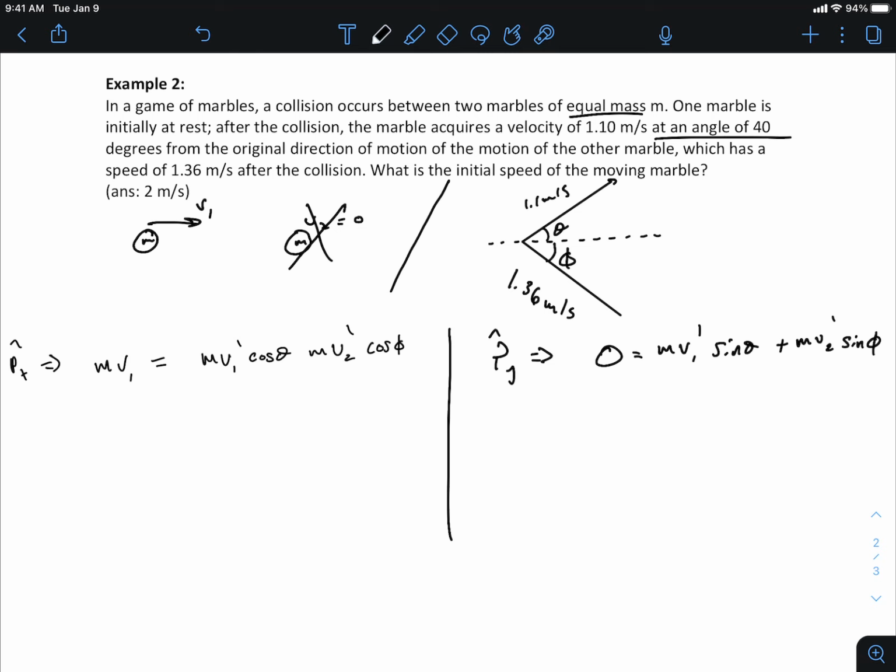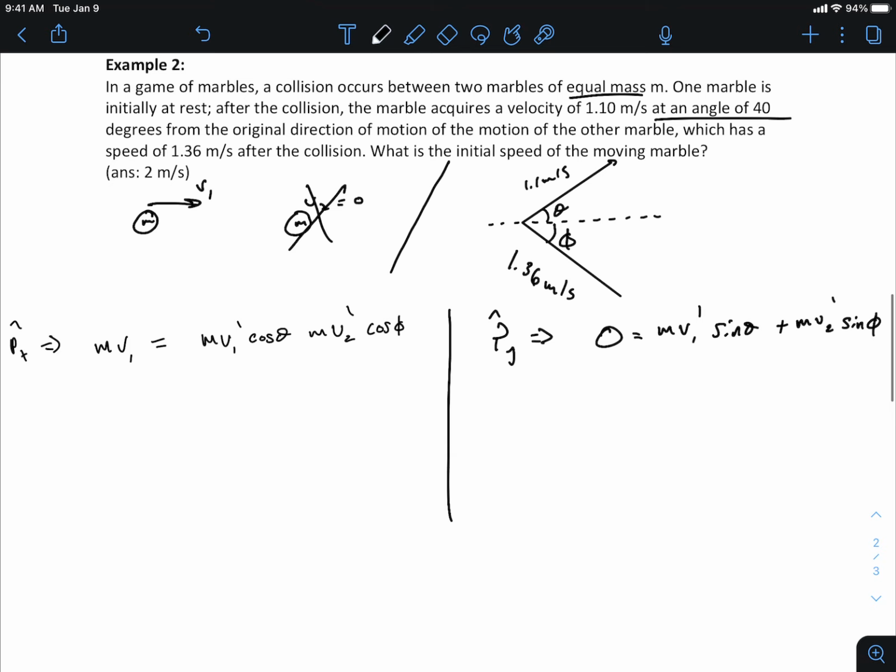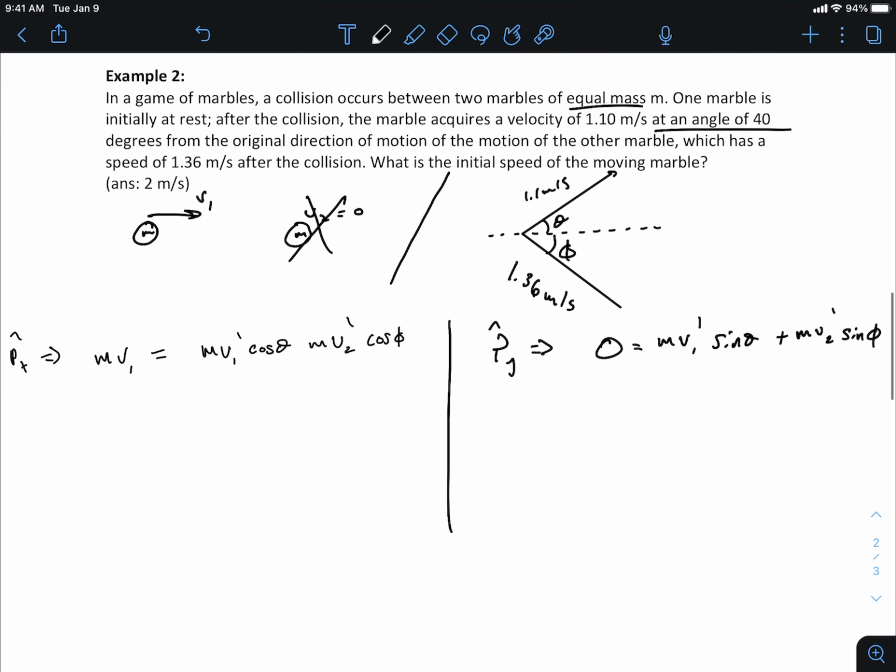At an angle of 40 degrees from the original direction of motion of the other marble. Okay, no, I think we're okay. I think there is still two angles. So it's pretty much the same question we just did, except that we have two objects flying off.